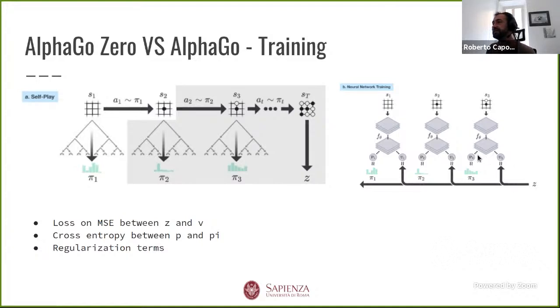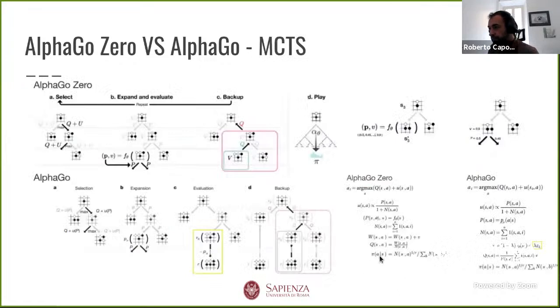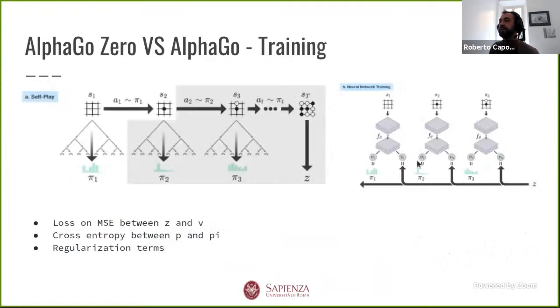And the outcome of the match is then used to update the value function, and the policy as computed by this term over here is used to update the probability distributions predicted by the network. Why?